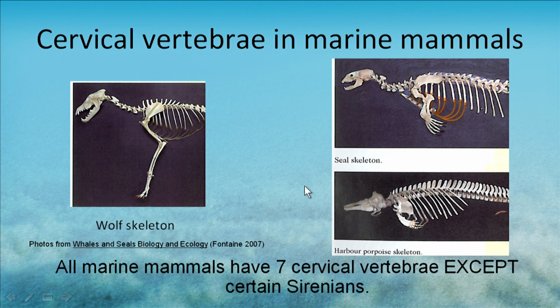So the number doesn't change, but the size and the function of them changes between different mammals. There is one exception to this within the marine mammal arena, and that is going to be certain sirenians actually have lost one of their cervical vertebrae and have 6 instead of 7, but this is a rarity within the mammal area.